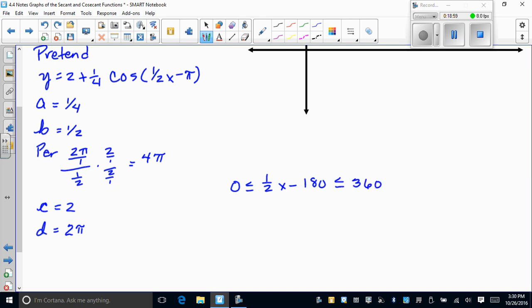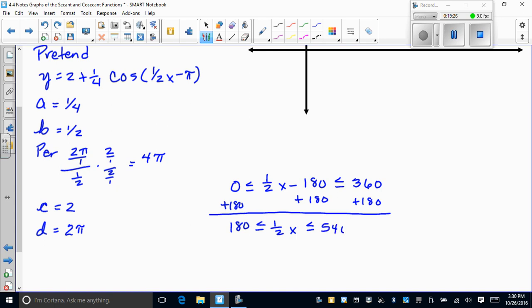Add 180, add 180, add 180, and we get 180 degrees is less than or equal to 1/2 x, which is less than or equal to 540.